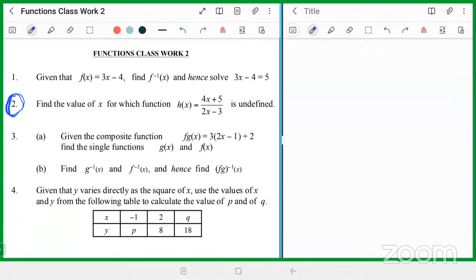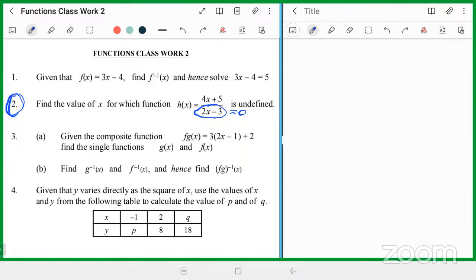And that happens when the denominator of this fraction becomes equal to 0. That's when a fraction is undefined, or a rational function. This is called a rational function. It's a form of a ratio, something divided by something else, like a fraction. It is when the denominator becomes equal to 0. So in other words, what value of x will make the denominator 0?